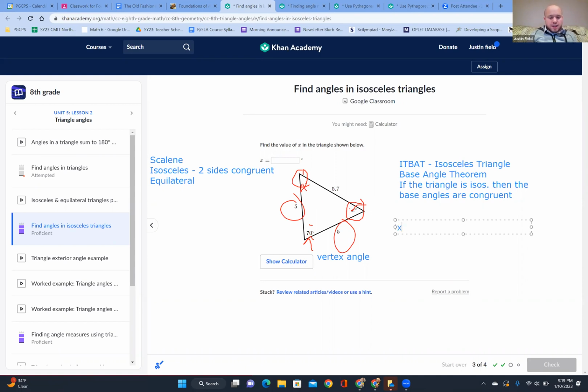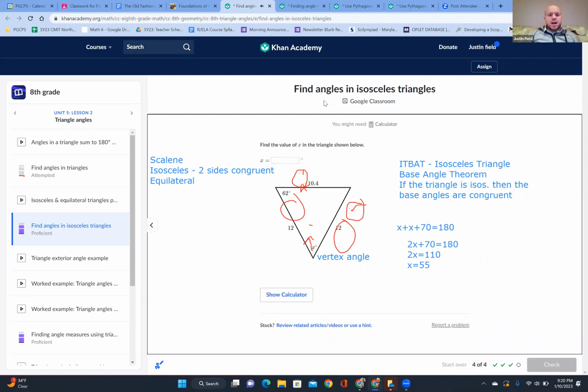You guessed it, we just do x plus x plus 70 equals 180. That would be 2x plus 70 equals 180, which is 2x equals 110, which is x equals 55. And that's what we want to know, 55.